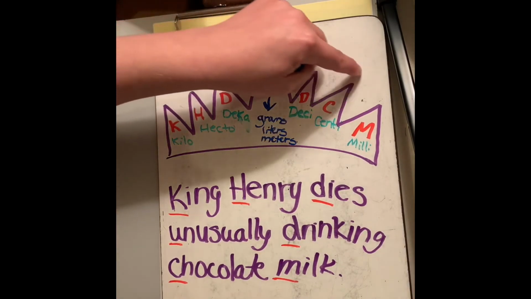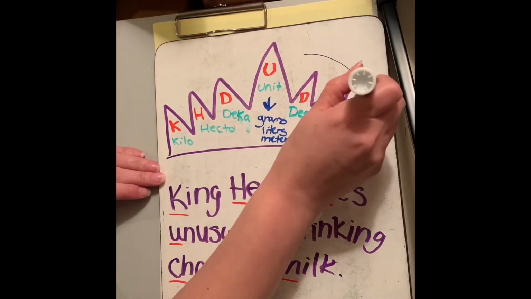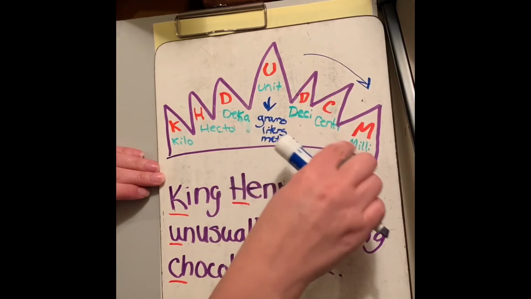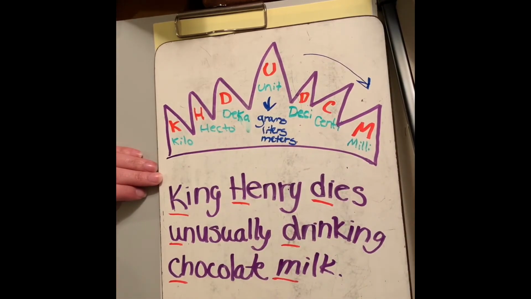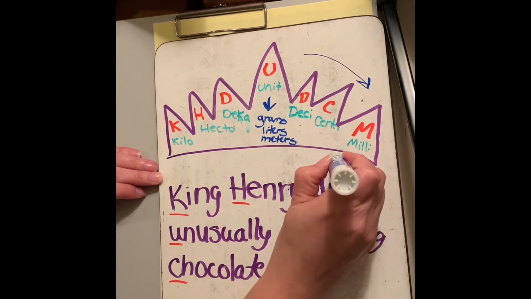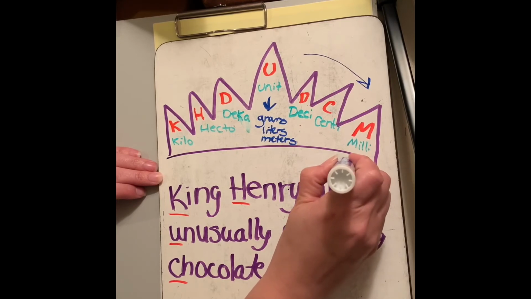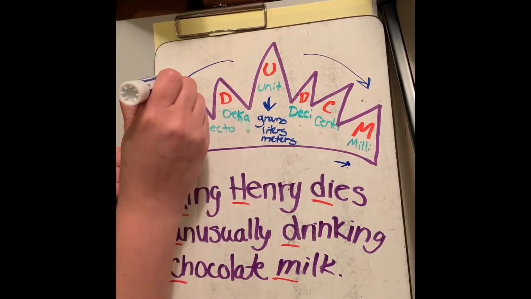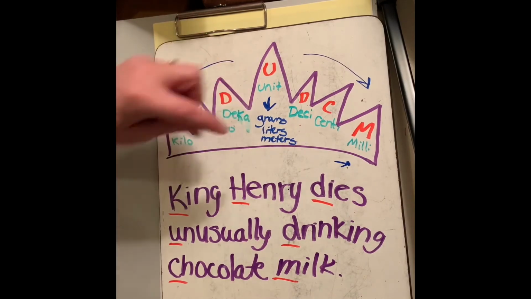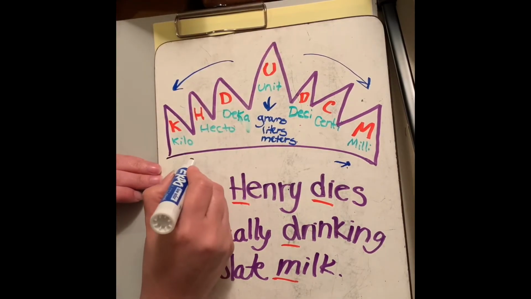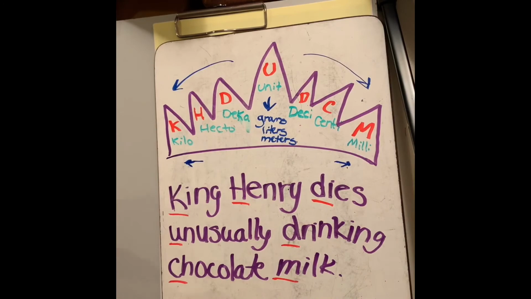And as you're going this way, you will add these prefixes to the unit and it will begin to get smaller. And as you go this way and you add the prefix, this original unit measurement will get larger.